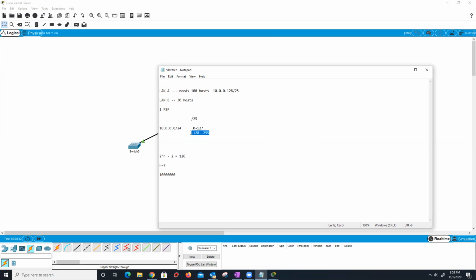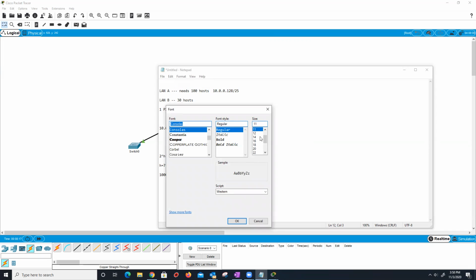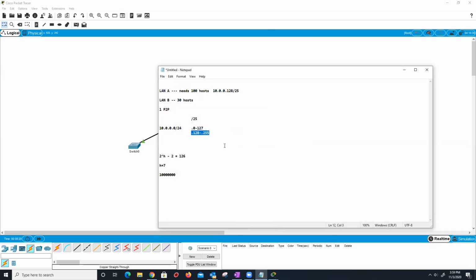This one is now used, so we can't use it for anything else. But we've still got this entire subnet that we can use for LAN B. So let's borrow another bit, /26. /26 means we've got 8 plus 2 network bits, so our magic number becomes 64.